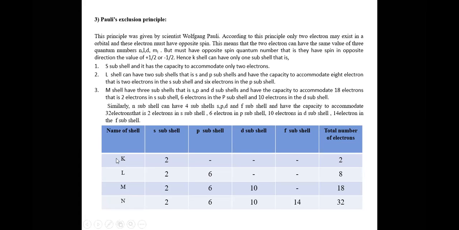So this is a representation of that. Name of the shell: K, L, M, N shells. Subshells will be having 2 electrons each. That is, S subshell has 2 electrons in the K shell. We know that K shell will be having only S subshell, and S subshell can accommodate only 2 electrons.